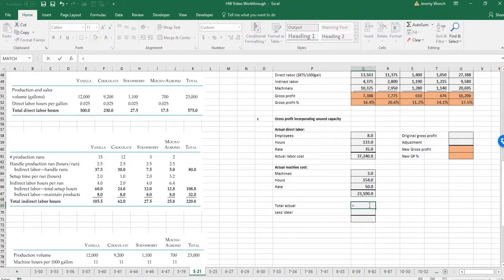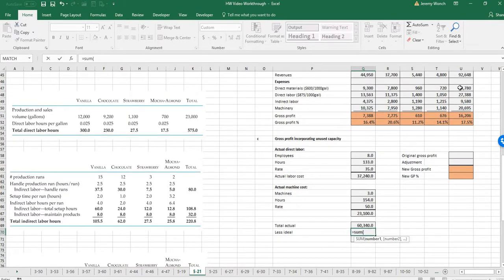So our actual cost is going to be the total labor and the total machine cost, so $60,000. But our ideal cost, we calculated up here, is going to be the sum of all 4 of these, so our direct and indirect for labor and machine. We're not factoring in direct materials.